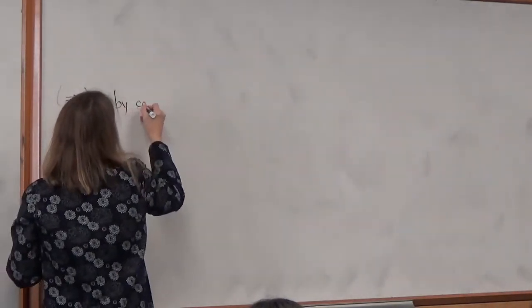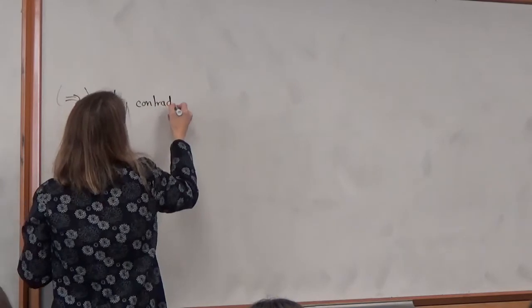Okay, and so I'm going to assume, and the notation's not great, but for the sake of contradiction, that this supremum of this integral is not finite, it's infinite. So I'm going to do this direction by contradiction.